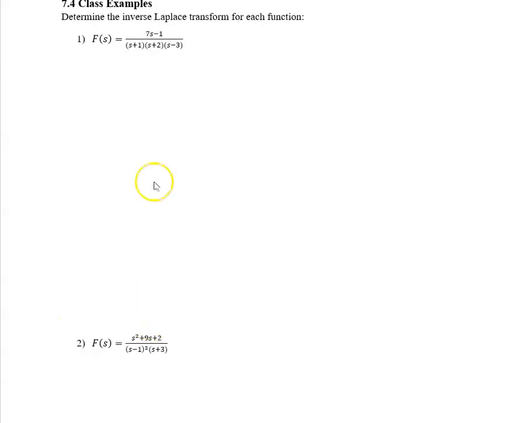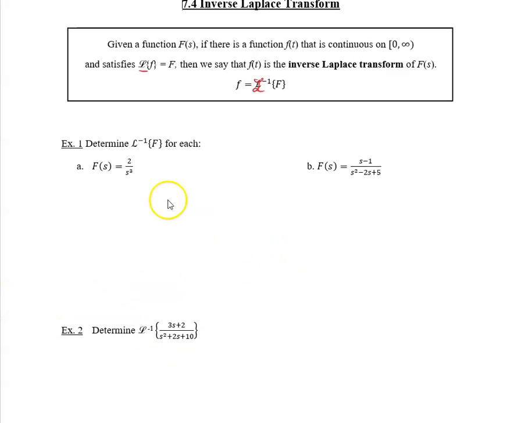So for this first example, we've got 2 over s cubed. Observe that 2 is really the same thing as 2 factorial over s to the third. That's s to the 2 plus 1, where n is 2.